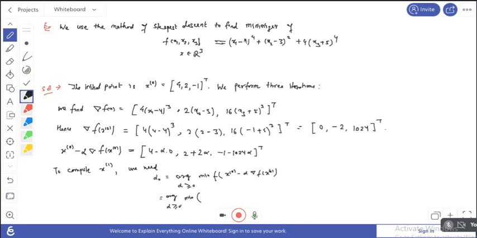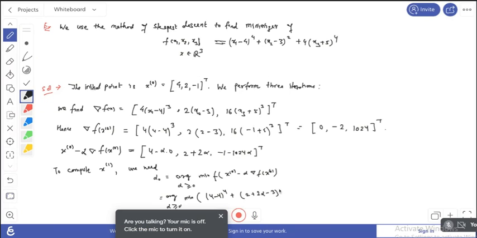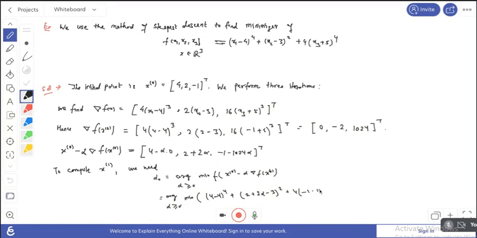The function is defined by this formula, and the point is x naught minus this value: 4, then 2 plus 2 alpha, and so on. Putting it in this equation, this equals the minimum of 4 minus 4 to the power 4 plus 2 plus 2 alpha minus 3 squared plus 4 times the x3 value, which is minus 1 minus 1024 alpha, plus 5 to the power 4.